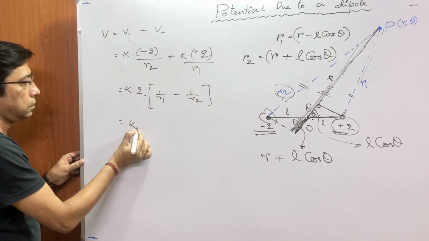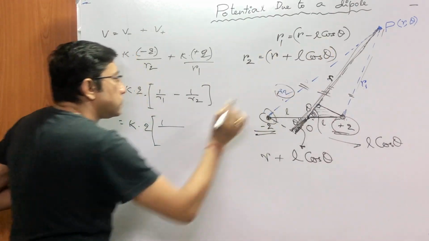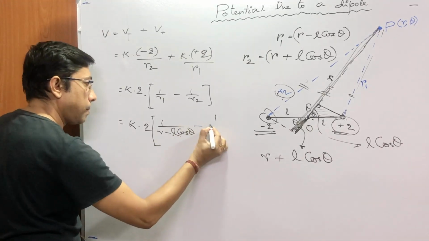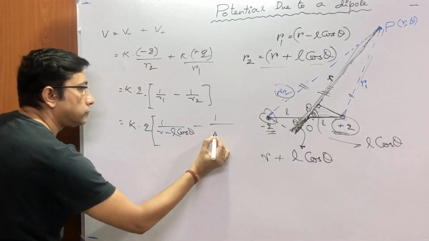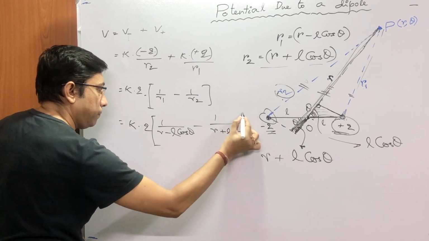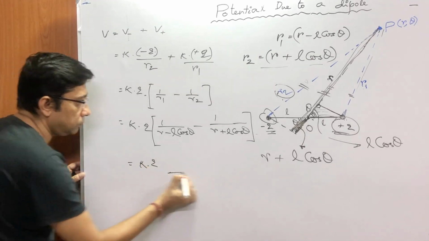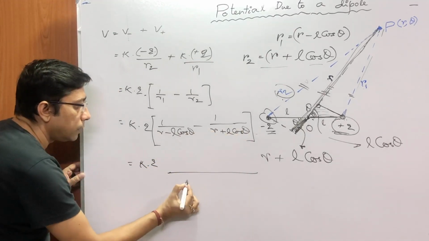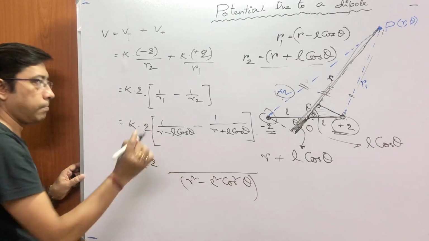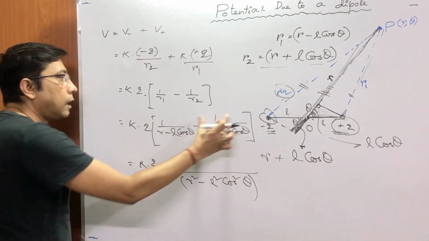Let us put the values. R1 means, R2 means, equals A minus B into A plus B, A square minus B square. R plus L cos theta minus R minus L cos theta.